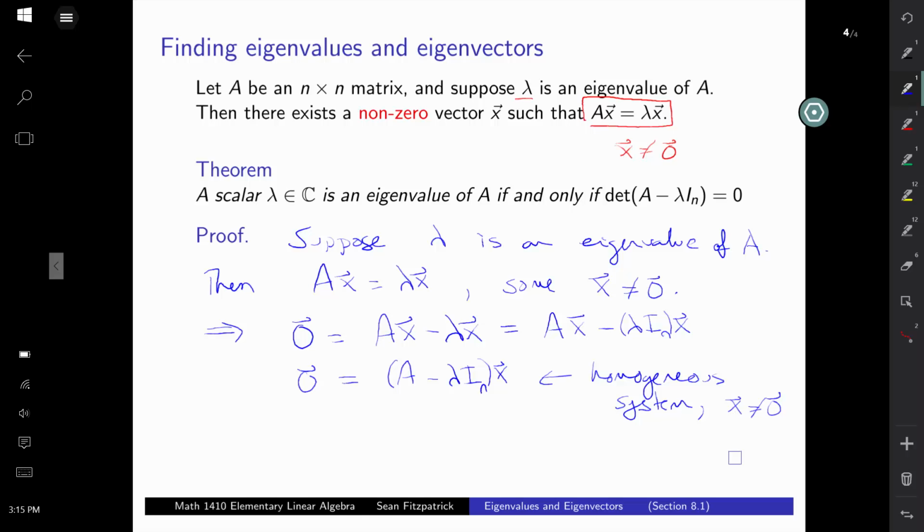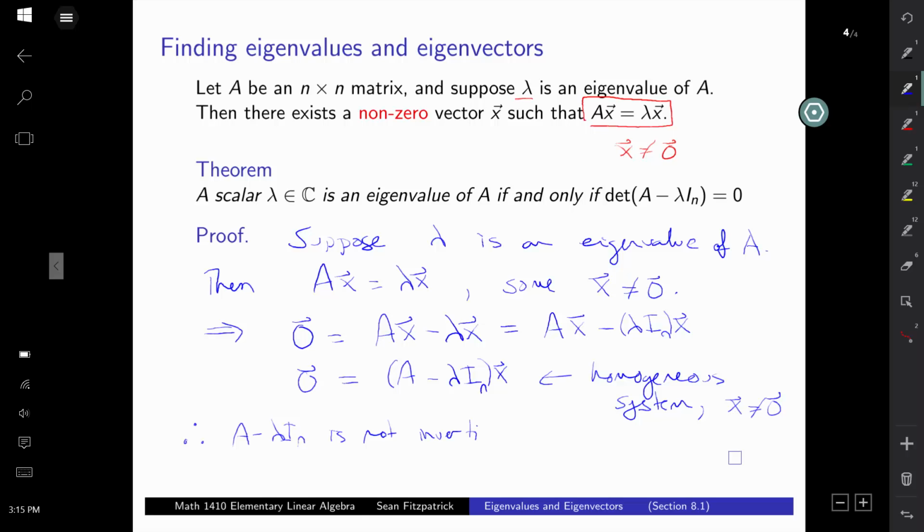So think about our properties of matrices. What do we know? Well, one thing we know is that if I have a non-zero solution to the homogeneous system, then this matrix cannot be invertible.